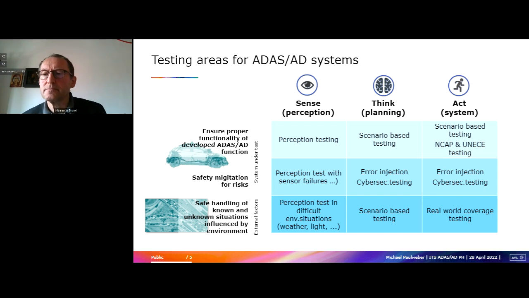There you can see in this matrix I have tried to collect potential approaches. If you do perception testing, you check against your requirements, then it's perception testing, and there are activities going on presented by Dr. Simon before, because there's a lot of neural networks involved, will be the way.